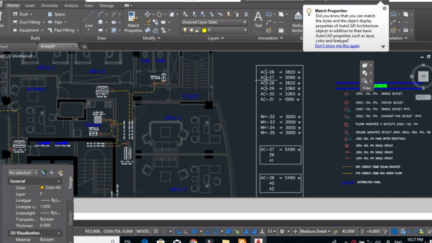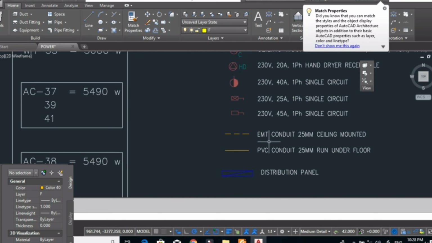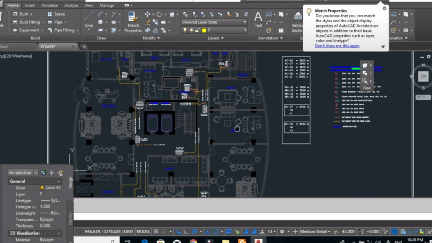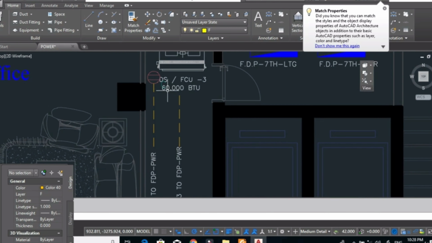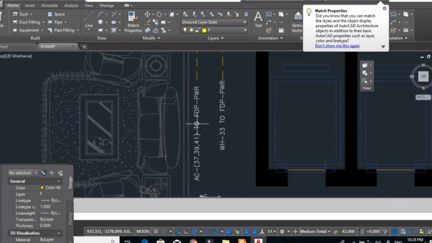See here, I make this conduit by the dashed line to refer that this is EMT conduit. And also here I have 2 units, 3-phase, as we said, 60,000 BTU. See here, this is the outlet going to the panel board.